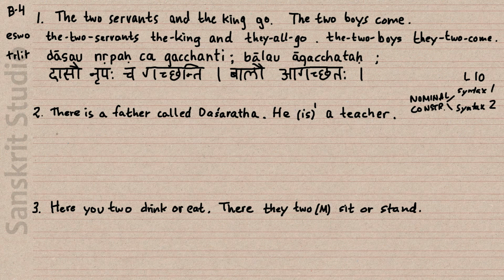Let's just do our eswo line where we are grouping things. So here we are grouping there and is, because we are thinking that this is most certainly an explicit asti coming up here, starting off a sentence.